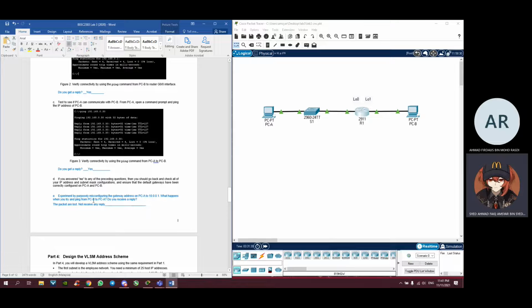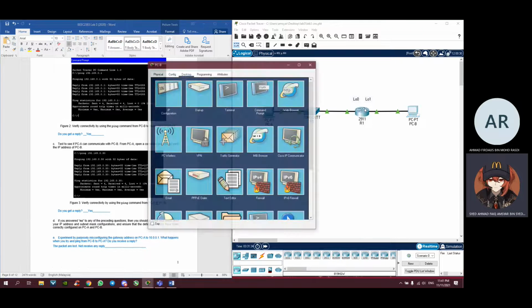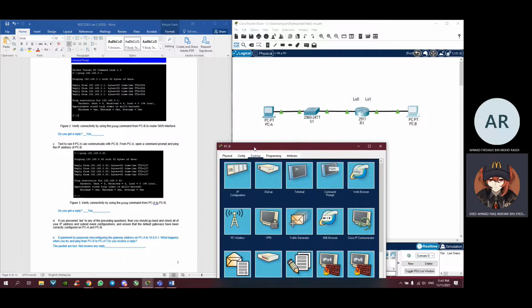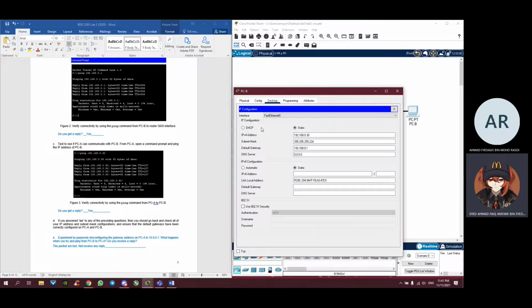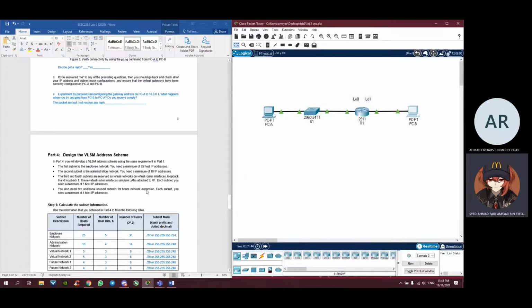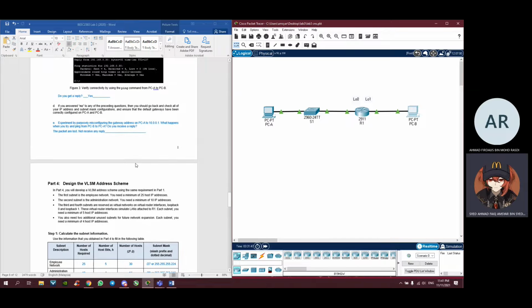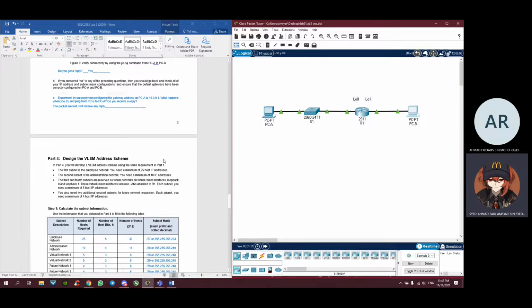What happened with the PCA? Okay, because the gateway for the PCB is this, 192.168.0.1. Okay, for part 4, Ahmad Firdaus will continue to explain it.